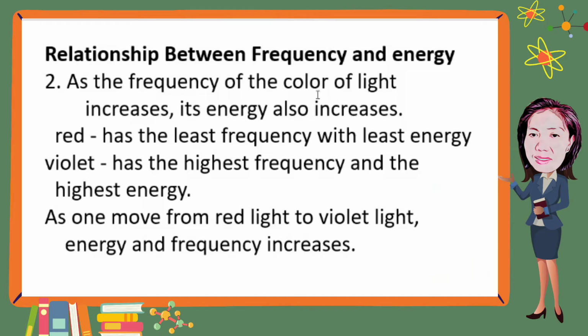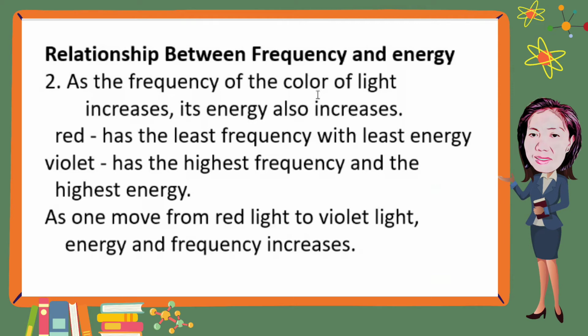So para hindi makalimutan, i-associate na ninyo ang color of the flame and color of the stars. So pag color red, we all know that red has a lesser frequency, therefore lesser din ang energy niya. Least energy siya. Ang color ng flame na pag violet meaning more energy pa siya.